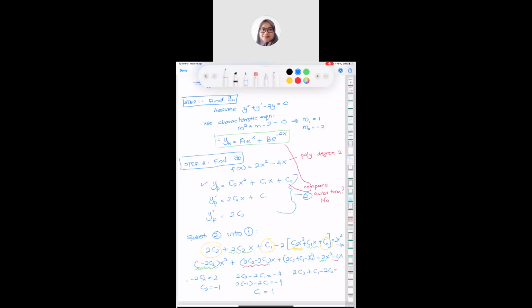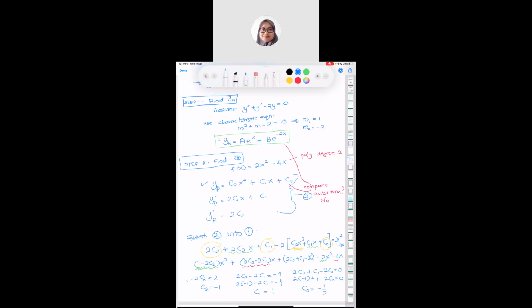And then the last one untuk constant 2C2 plus C1 minus 2C0 equal to, on the right hand side kita tak ada apa-apa value, so we samakan dengan 0. So C2 we have, C1 also here, and then C0 equal to, okay, C0 equal to negative 2, 1, negative 1 datang jadi 1, jadi negative half.